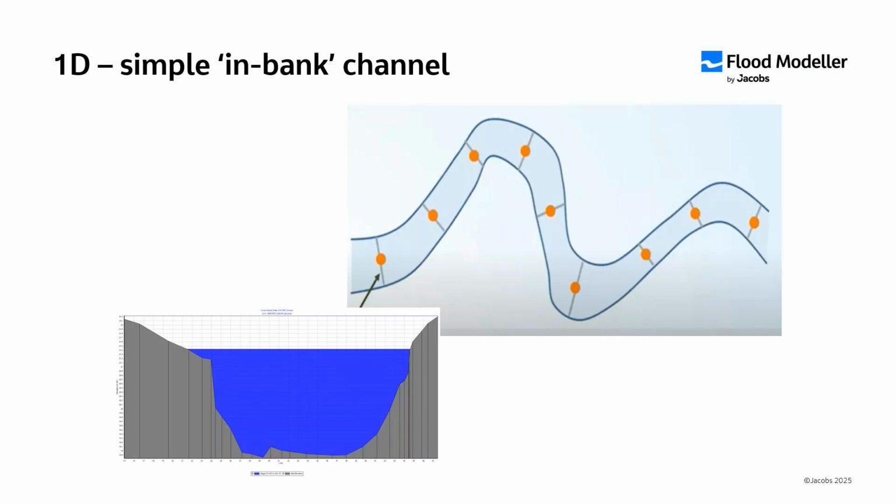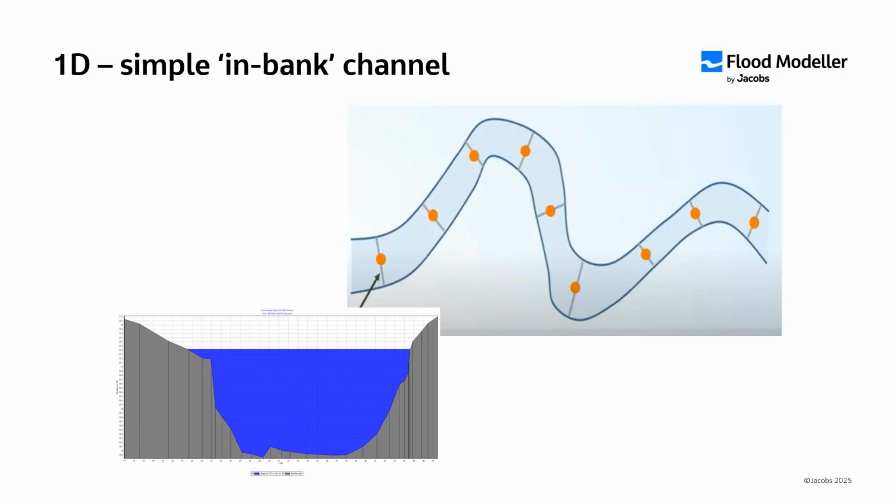Basically, what's going to happen is a depth average flow, velocity, and water level will be calculated at each one of these nodes and passed to the next one downstream. This is what we would call an in-bank fluvial model.